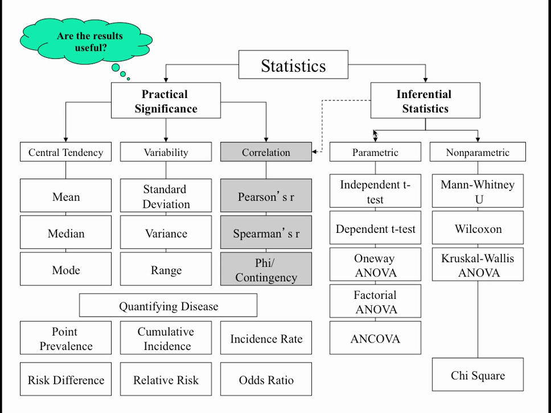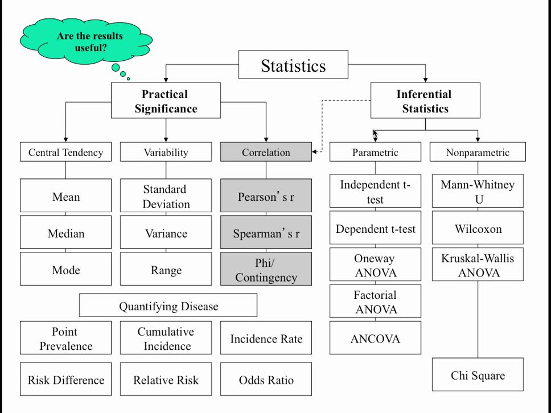So when we are comparing groups, for example, practical significance or clinical significance is concerned with what is the magnitude of the difference between our treatment and our control group.